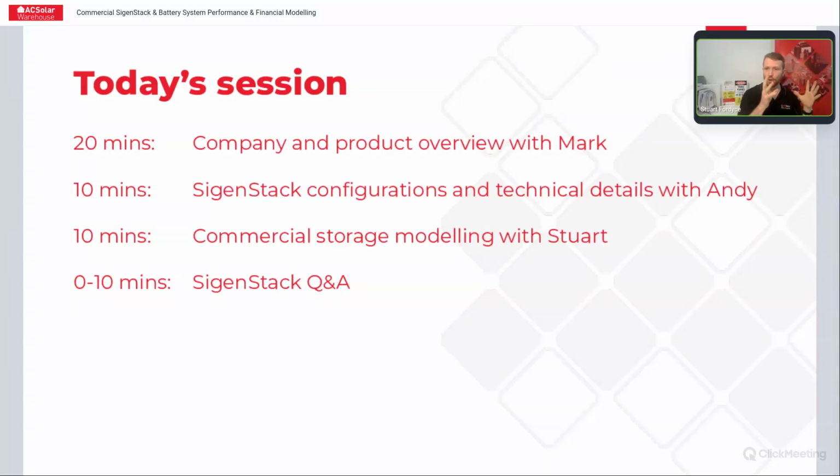With the introduction of the SigenStack product, we see this product dominating that space the same way that SigenStore has dominated the residential space. Their product is very unique, with a very wide use of applications because it's such a flexible product, and we've already started seeing a lot of inquiries come through for the commercial modeling aspect.